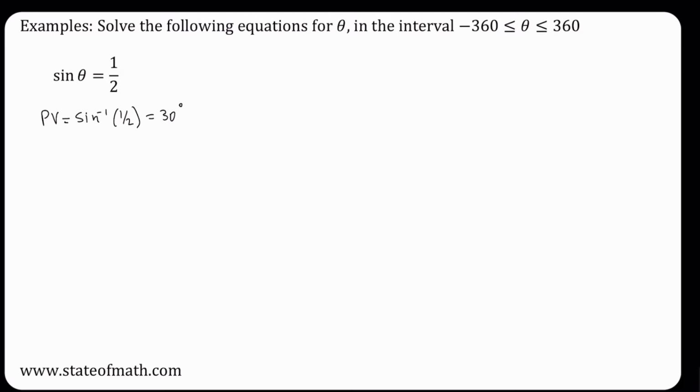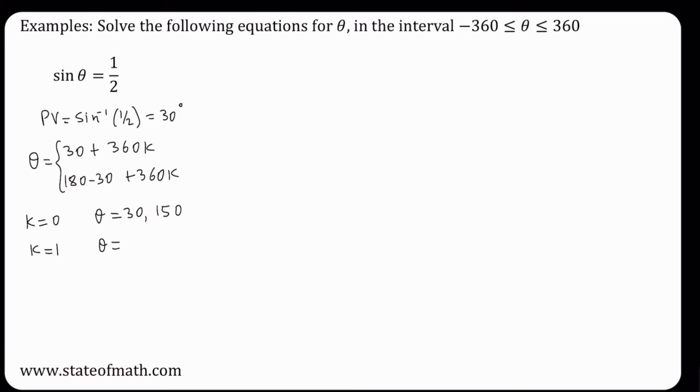So I go to my formula for sine. Theta will be the PV 30 plus 360k, or 180 minus 30 plus 360k. And I will be substituting different values for k. If I put k to be 0, I get theta is 30 or 150. If I put k to be 1, I get theta to be 390, the 30 plus 360, or 510, which is the 150 plus 360, so 510.